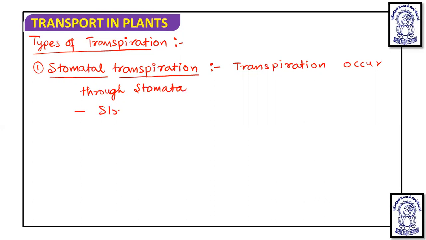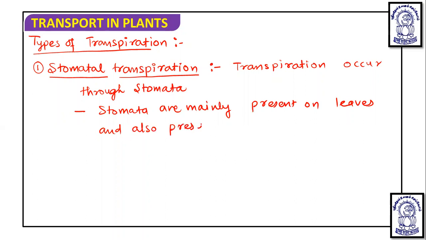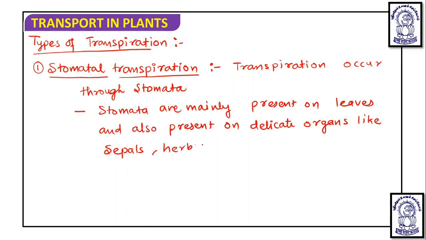And it is also important that stomata are mainly present on leaves, and also present on delicate organs like sepals, herbaceous plants, herbaceous stems specifically.